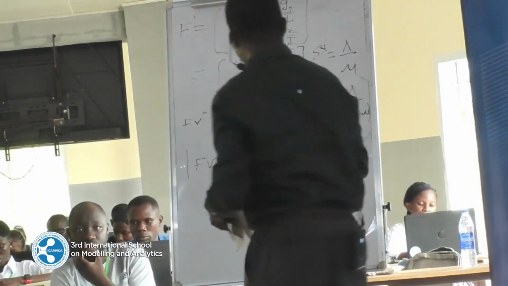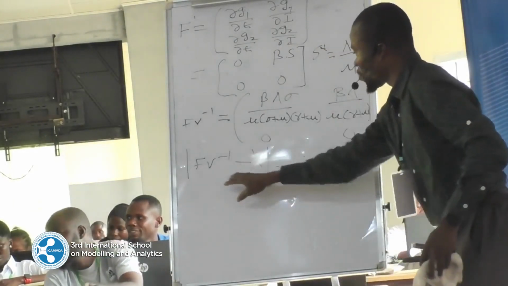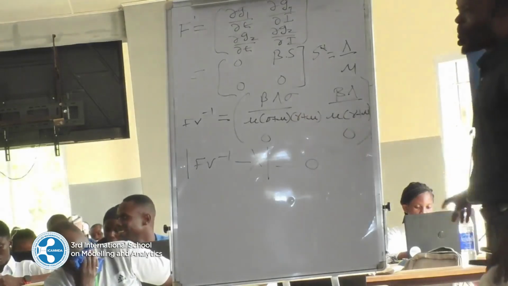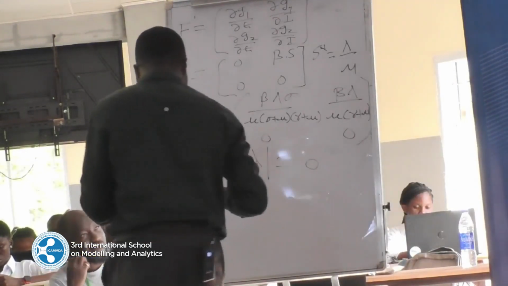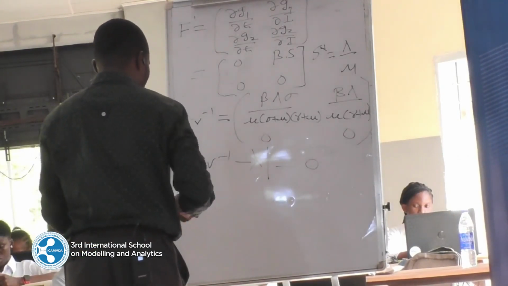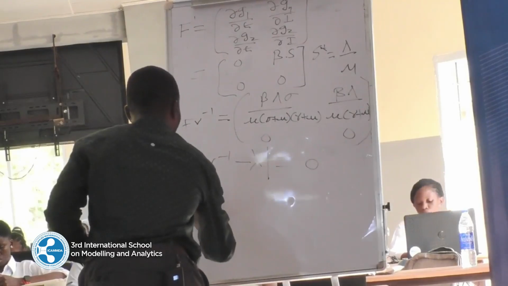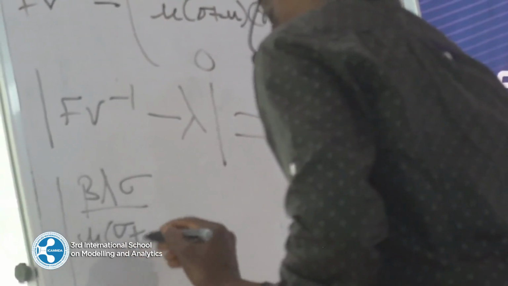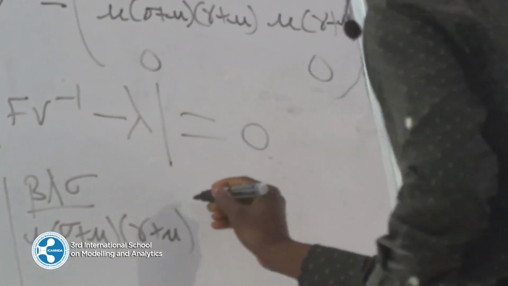So what do we mean? If I have my FV inverse to be this, what am I going to do to get this equation? I will subtract lambda from both the leading entries so that I'm going to have the determinant of beta lambda sigma over mu into sigma plus mu into gamma plus mu minus what?